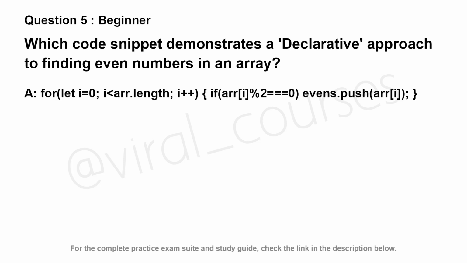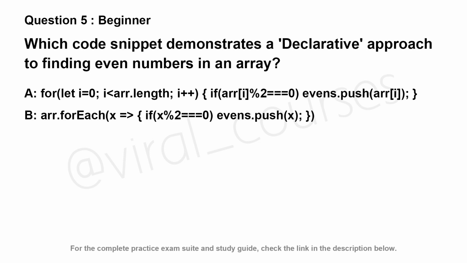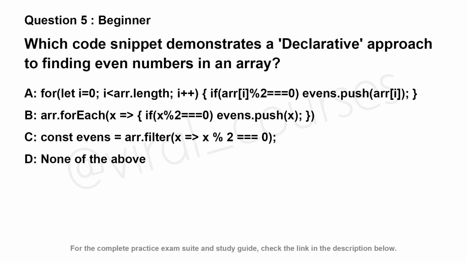Option A. for (let i = 0; i < arr.length; i++) { if (arr[i] % 2 === 0) { evens.push(arr[i]) } }. Option B. arr.forEach(x => { if (x % 2 === 0) { evens.push(x) } }). Option C. const evens = arr.filter(x => x % 2 === 0). Option D. None of the above.